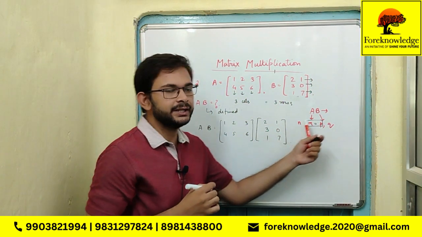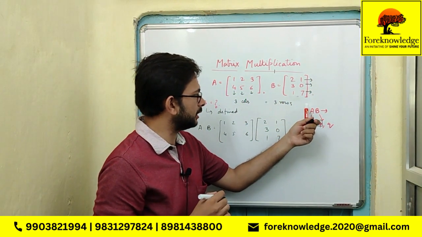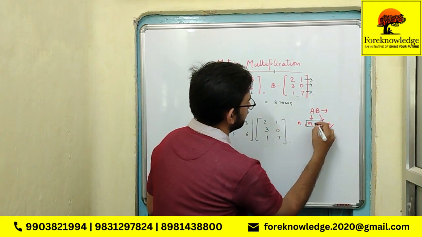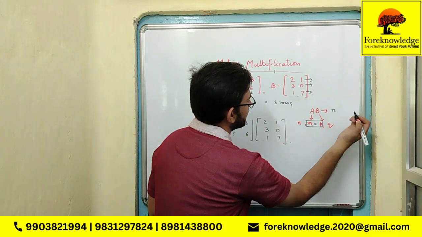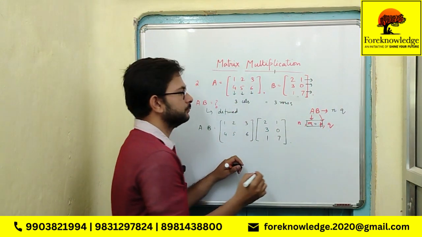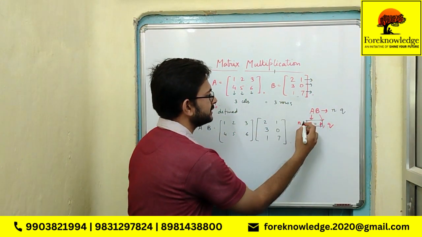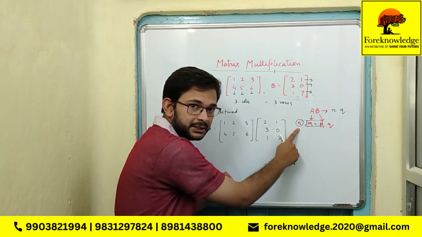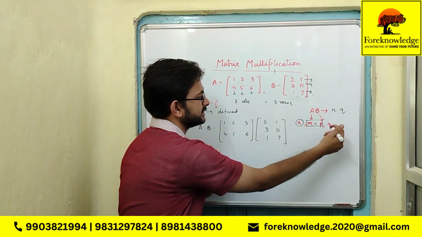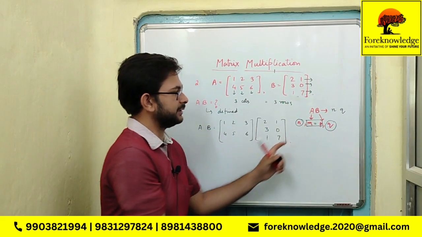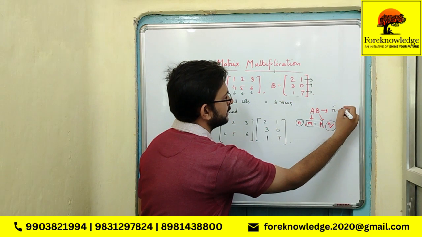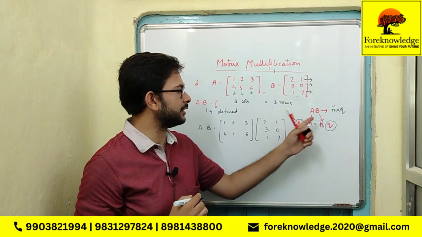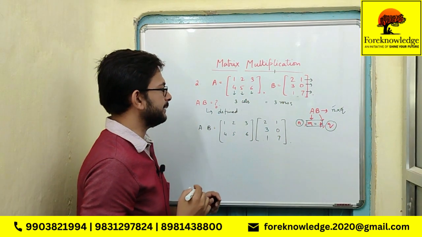The AB matrix will have n rows and q columns. So the AB matrix will have the number of rows of the pre-multiplier and the number of columns of the post-multiplier, that means of B. So n by q will be the order of the final matrix AB.